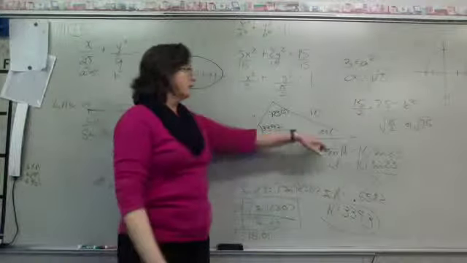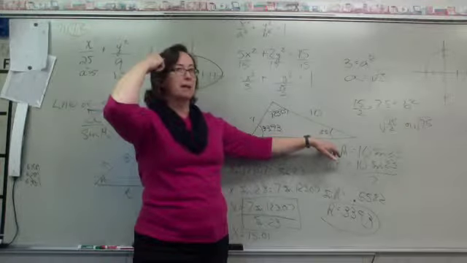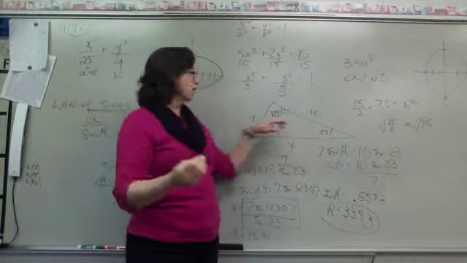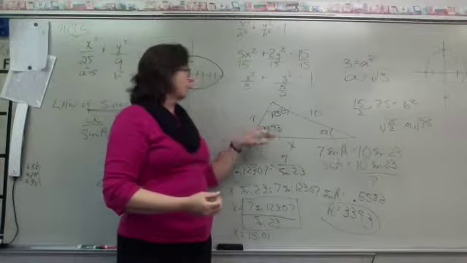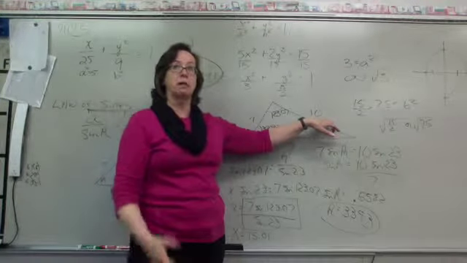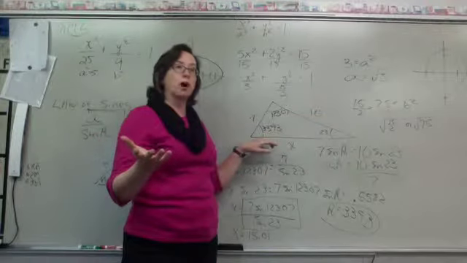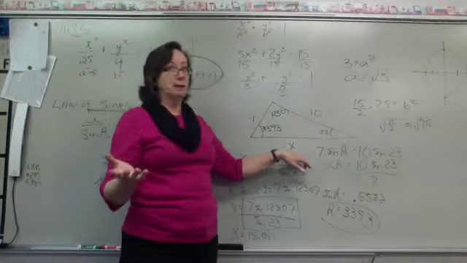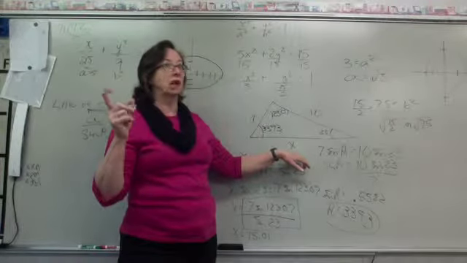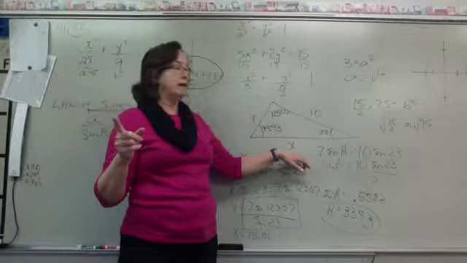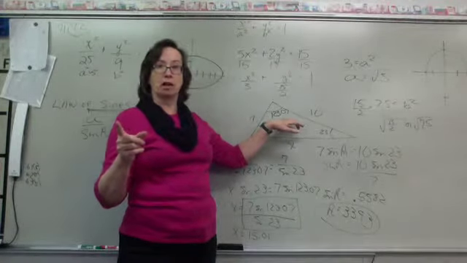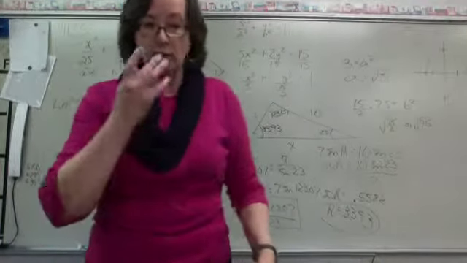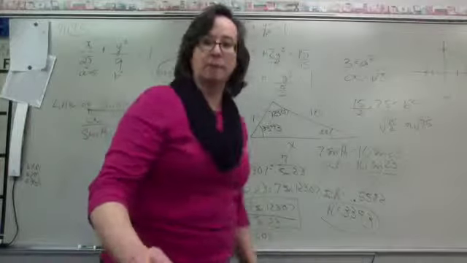All right, so doesn't it make sense conceptually that if this is a 23 and that was given across from the 7, the one that's across from the 10 should be a little bit wider angle? And this one, in the picture, at least looks like it's the largest side, and it is opposite the largest angle. So you should be able to determine those. Okay, we're going to do another example here.